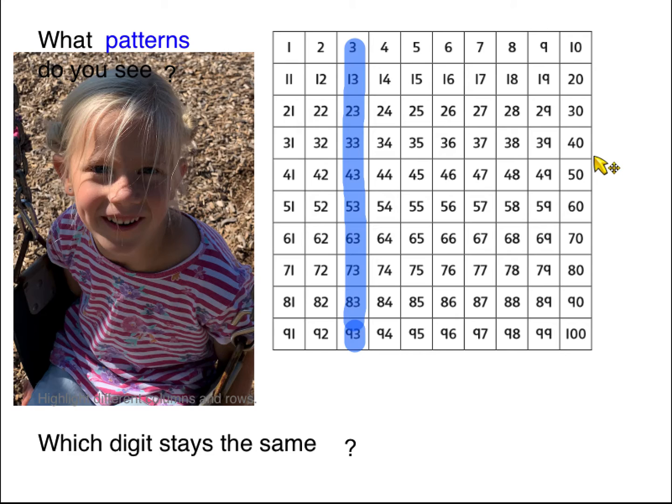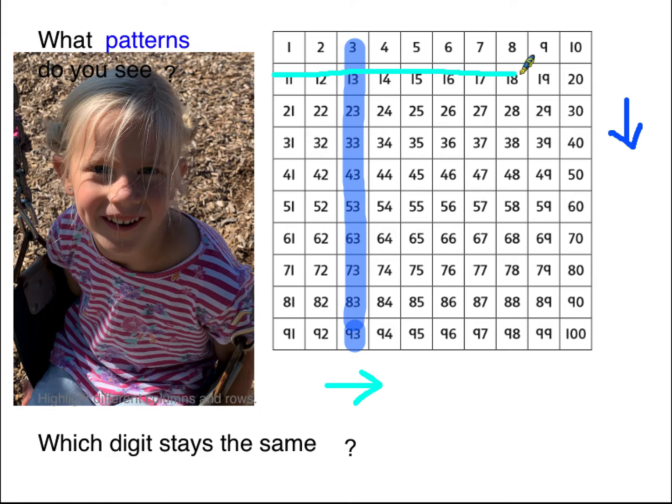But if you're looking for digits that stay the same, when you go down, look, the ones digit, these all end with 0. These all end with 6. These all end with 1. But when you go across, then the tens digit stays the same.